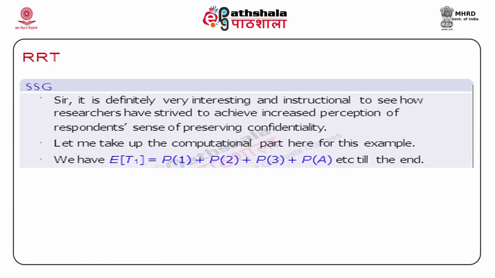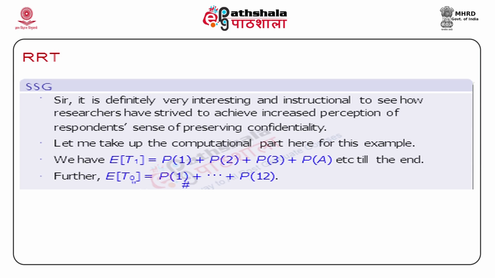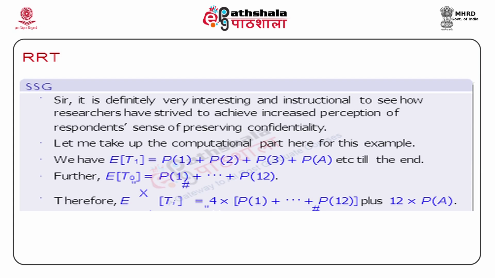We have the expectation of T1 as P1 plus P2 plus P3 plus PA, and so on till the end. Further, the expectation of T0 is equal to P1 plus and so on to P12. Therefore, the expectation of the sum of the Ti's is 4 times the sum of the P's plus 12 times PA.